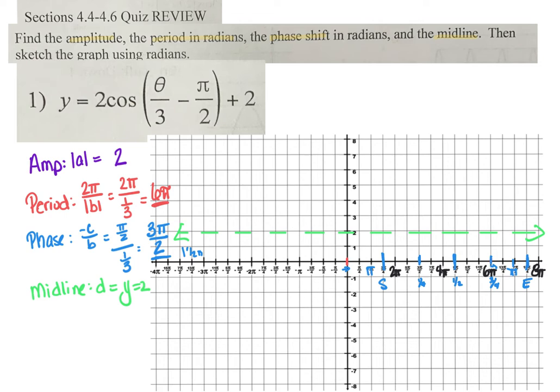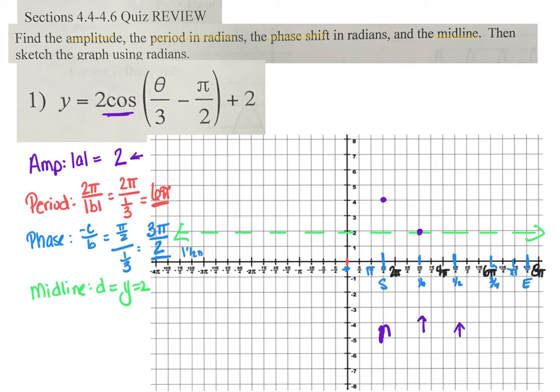So now we just look at what type of graph we have. We have a cosine graph, all right? And so what does my cosine graph look like? Well, I start at my amplitude. My amplitude is 2 above my midline. So I'm going to start at 4. That's 2 above my midline. At my first quarter, I am going to be at my midline.